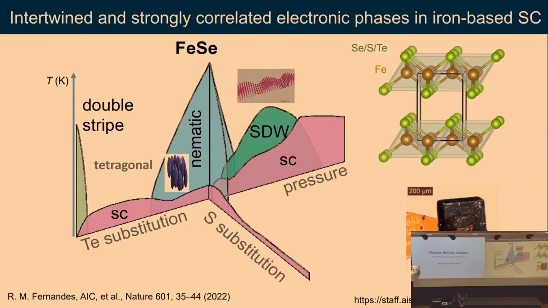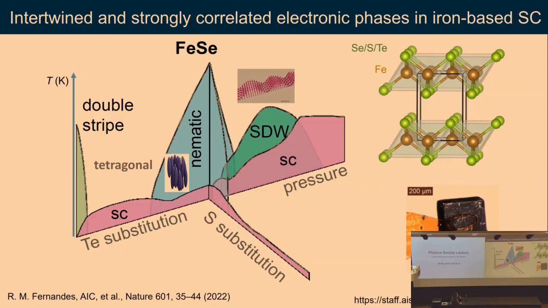And now let me introduce you to the family of superconductors we've been working on over the last few years, which is supposed to be one of the simpler ones because there are only two elements, iron and selenium. If we understand the simplest one, probably we could understand the rest of them.